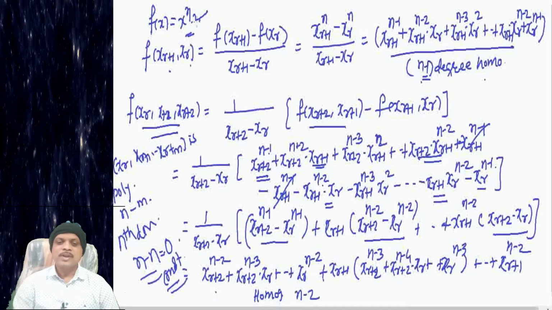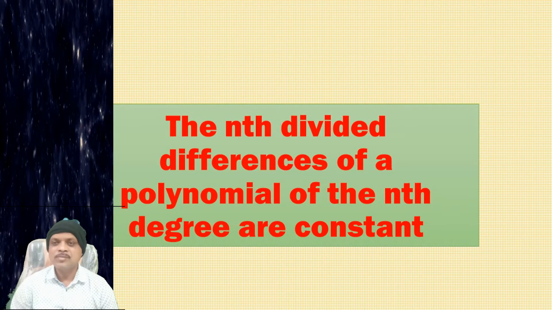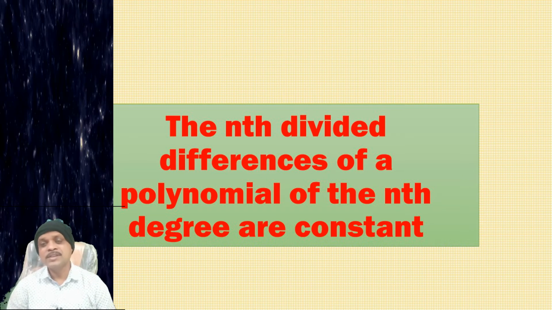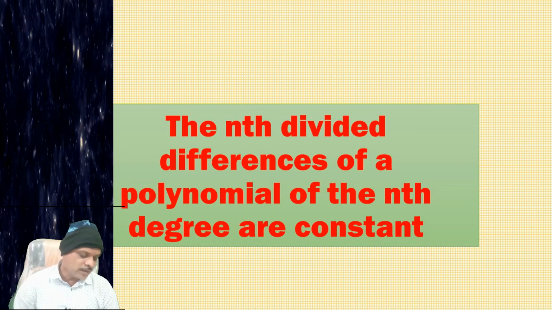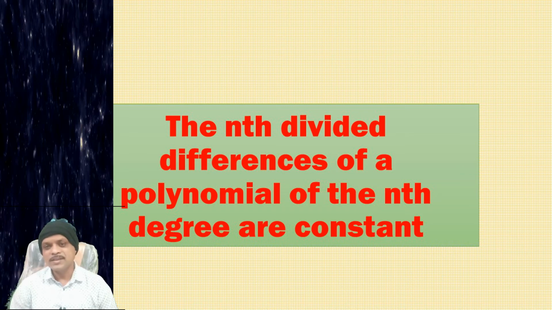So whenever there is a polynomial of degree n, the nth divided differences are constants. So we get this second important property of divided differences: the nth divided differences of a polynomial of nth degree are constants.